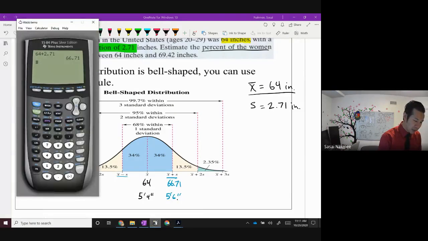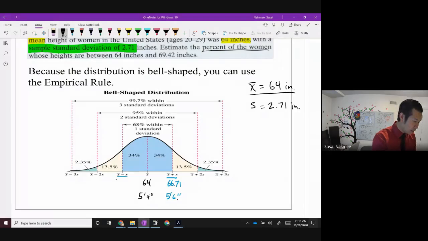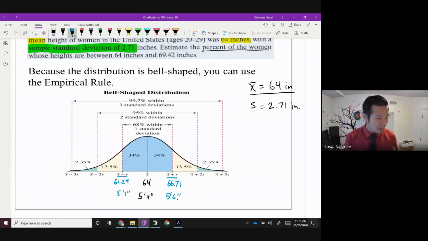And you can also go in the other direction. You can go with 64 minus the standard deviation of 2.71, which will give me 61.29. And that's about 5 foot 1 inch, with some change as well. And what I'm saying is, if you're between 5'1" and 5'6", you're relatively close to the standard deviation.